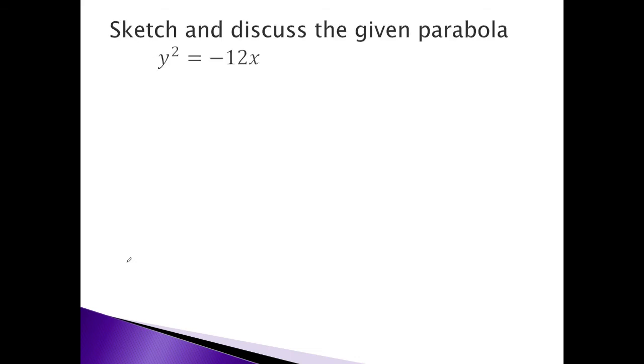All right, next, sketch and discuss the parabola y squared equals minus 12x. Because this is y squared, we know that it points either left or right. So that tells us that we have minus 12x equals 4cx. So minus 12 equals 4c. So c equals negative 3.